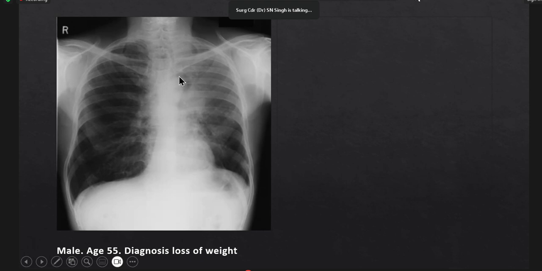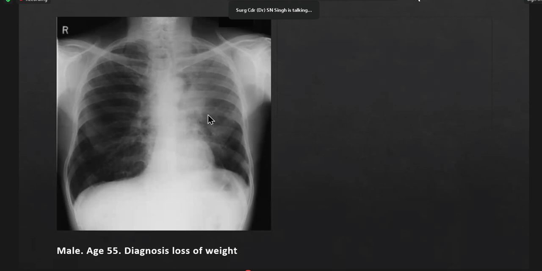Then subsequently, there is a very important thing out here. What is this? There is something called the Luftsichel sign in left upper lobe collapse. Okay. How does it come? The pathology is there, so I will come to that.